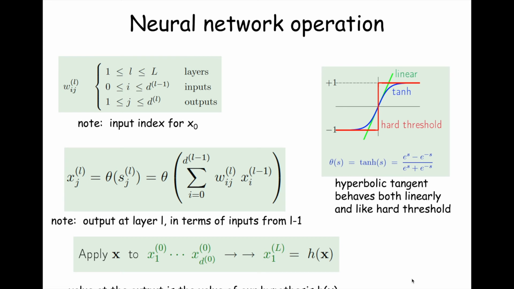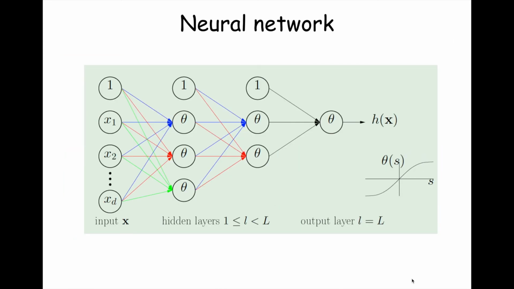And so the signal for the jth node in layer l, if we look at it here, this weighted sum is the signal for the second node in the second layer, right? And that's just going to be the weighted sum of all the inputs from the layer before, starting at 0, right?